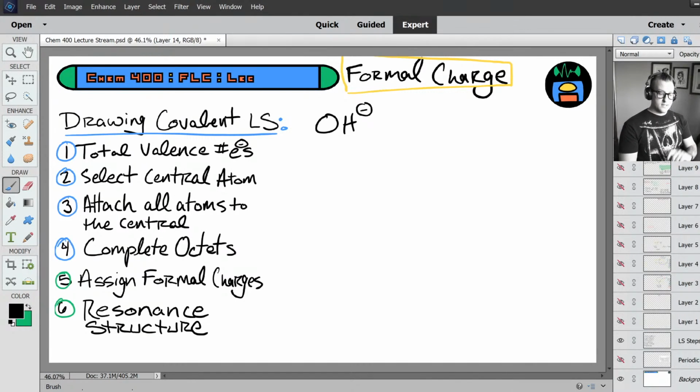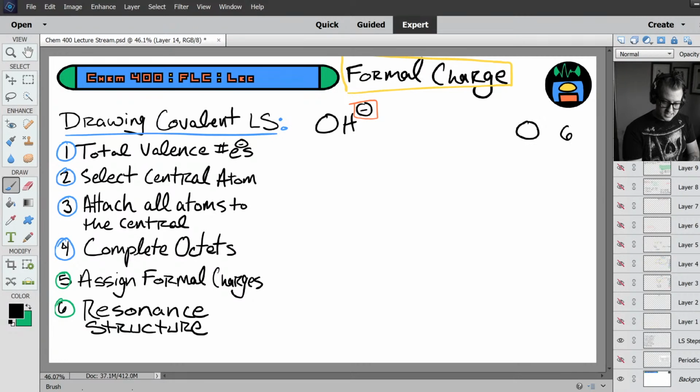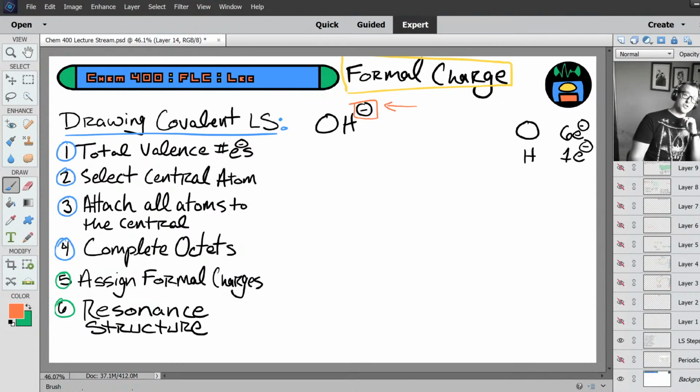All right. You'll notice instantly right off the bat that we have a negative charge. This is an ion. So the first place that this will affect us is when we do step 1, when we total our valence electrons. Oxygen has 6 valence electrons. Hydrogen has 1 valence electron. But now, what does that negative charge mean?